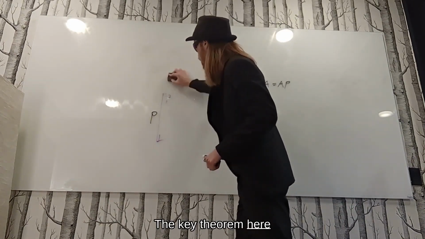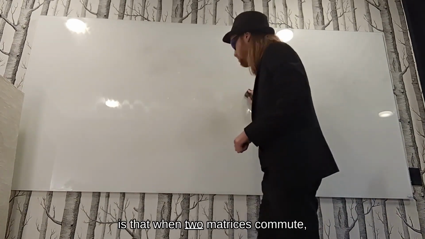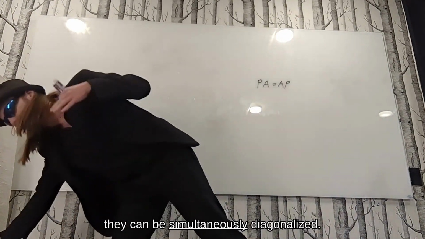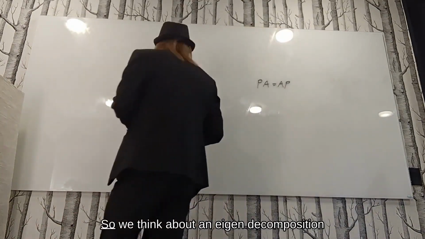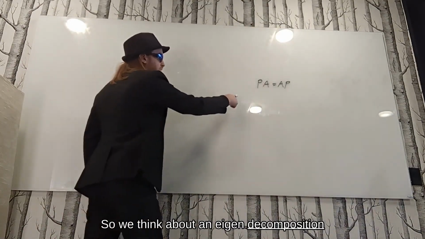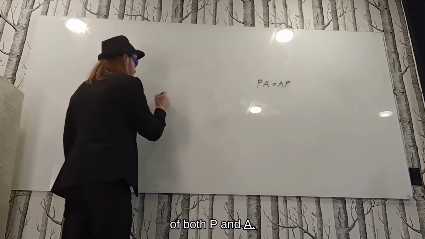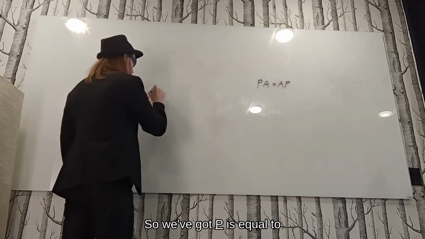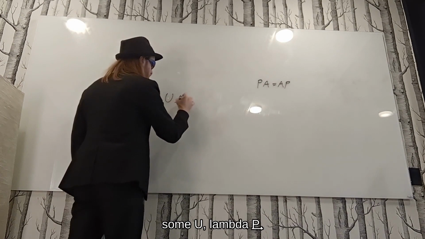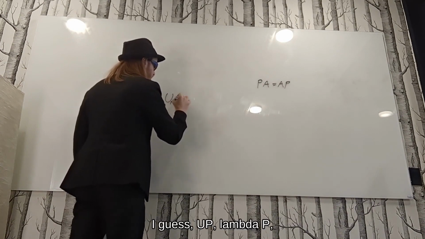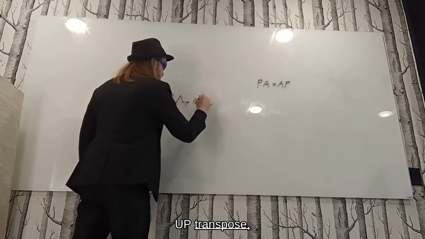The key theorem here is that when two matrices commute, they can be simultaneously diagonalized. What does that mean? So we think about an eigendecomposition of both P and A. So we've got P is equal to U_P lambda_P U_P transpose.